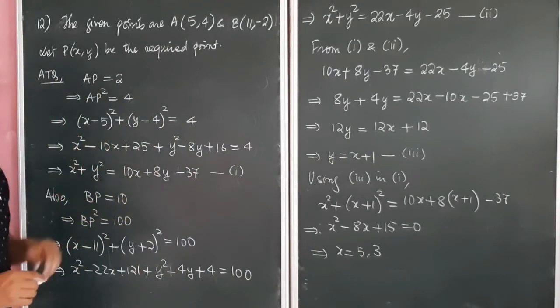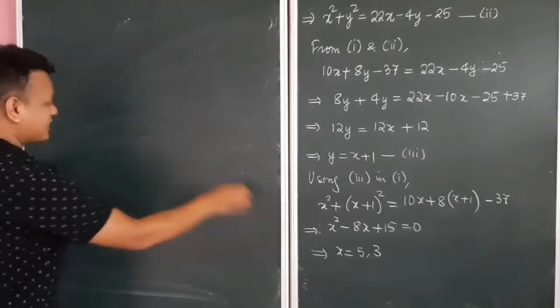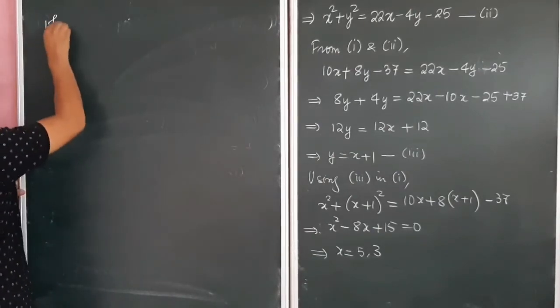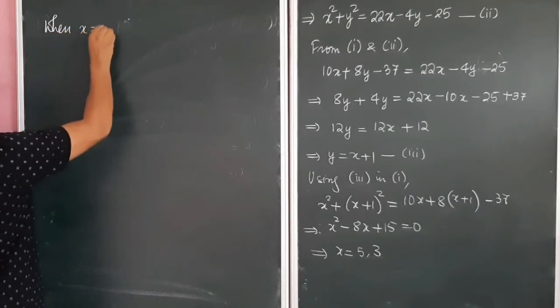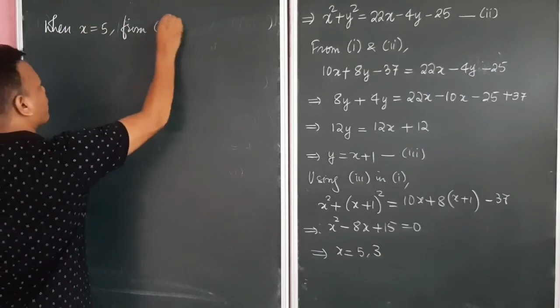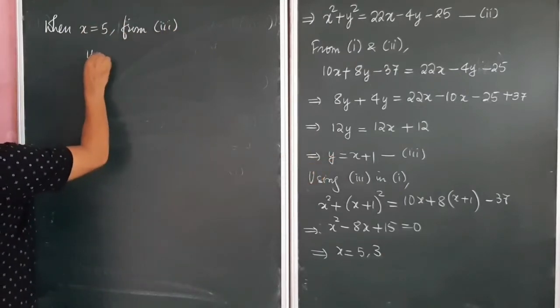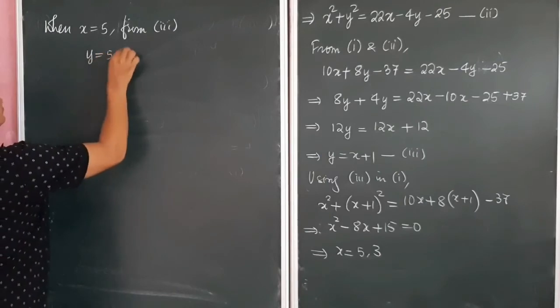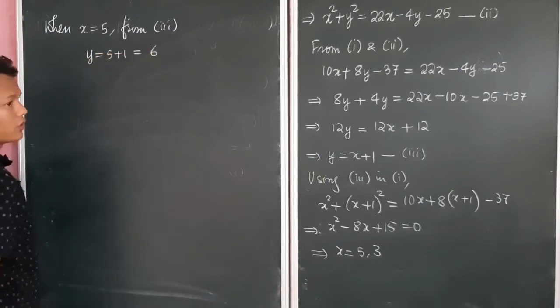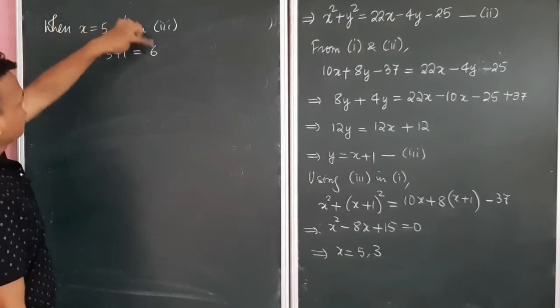So when x is 5, equation 3 says y equals x plus 1, so y equals 5 plus 1, that is 6. So one of the coordinates is 5 comma 6, that is x comma y.